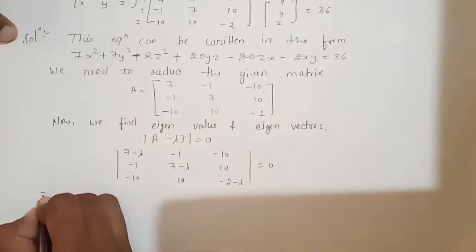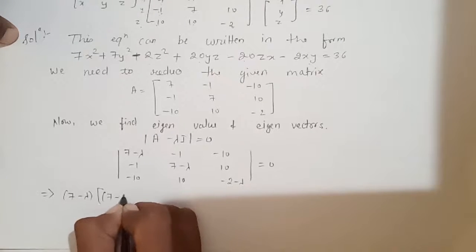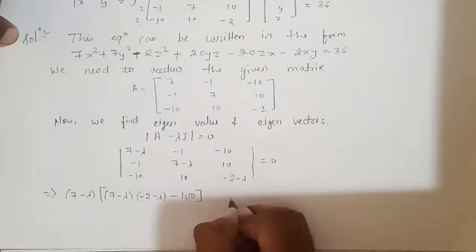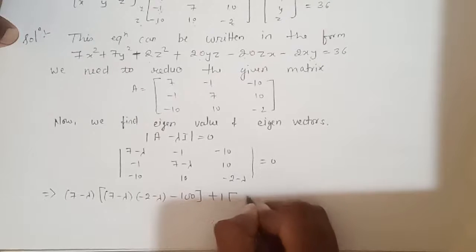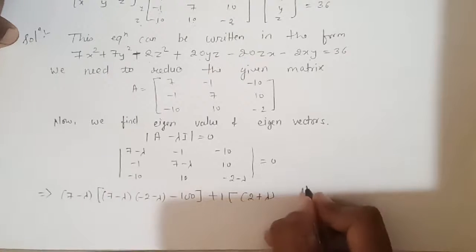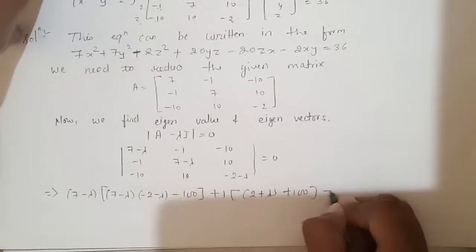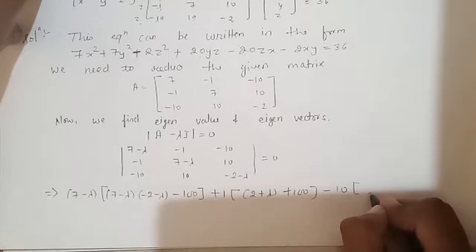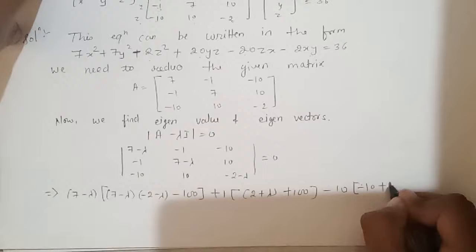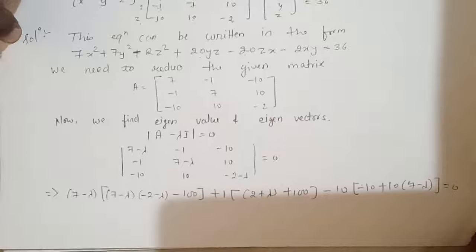This implies 7 minus lambda into (7 minus lambda)(minus 2 minus lambda) minus 100, minus minus becomes plus, 2 plus lambda, plus 100, minus 10 into minus 10 plus 10 into 7 minus lambda is equal to 0.